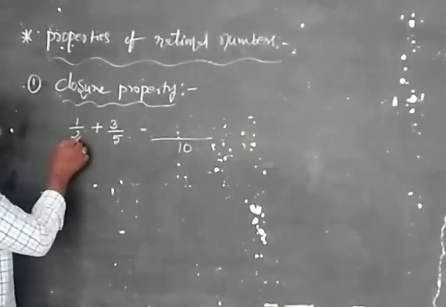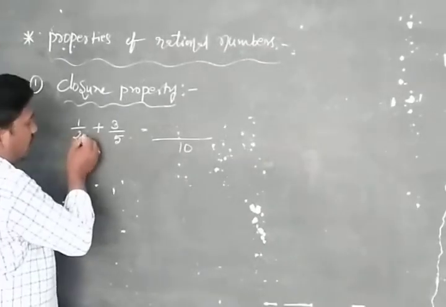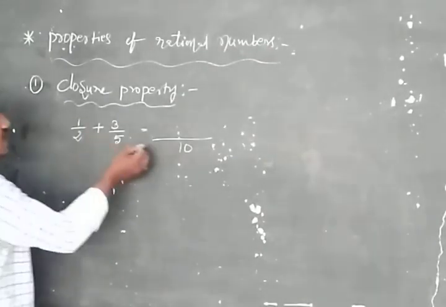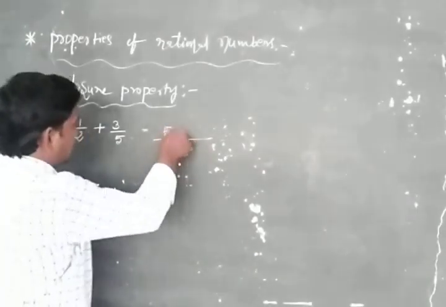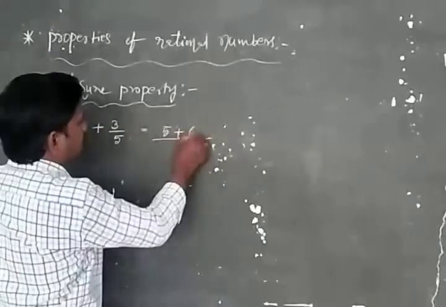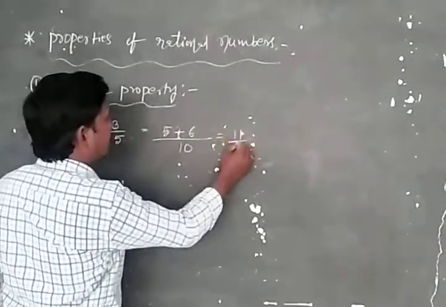To make the denominator 2 into 10, we have to multiply it by 5. 1 fives are 5, plus 5 twos are 10, so 3 twos are 6. That means 11 by 10.